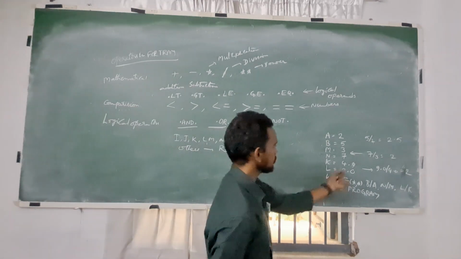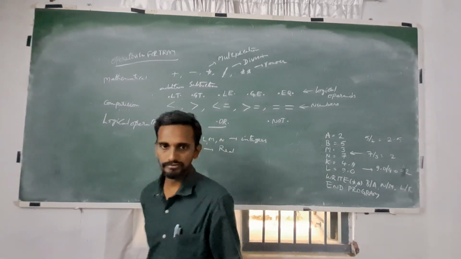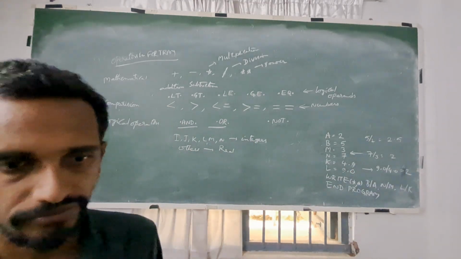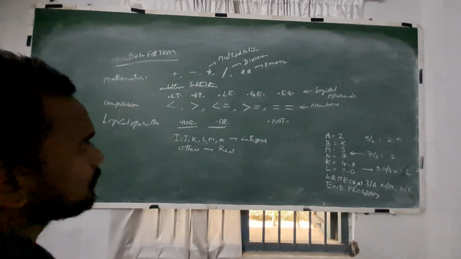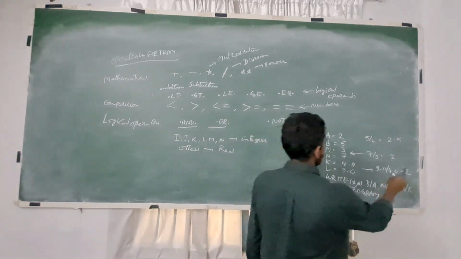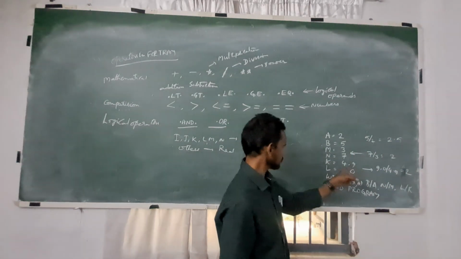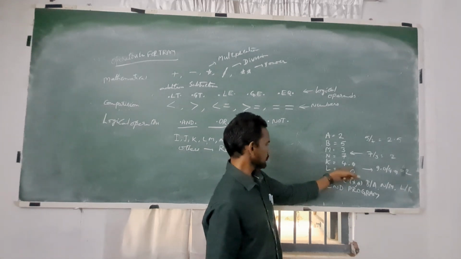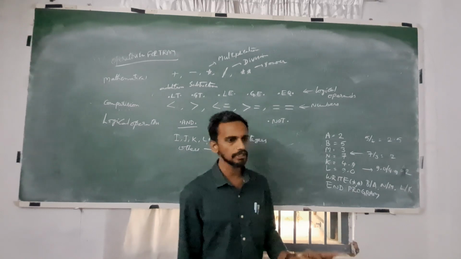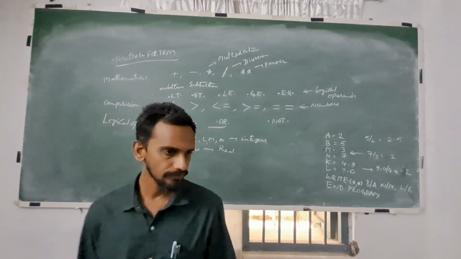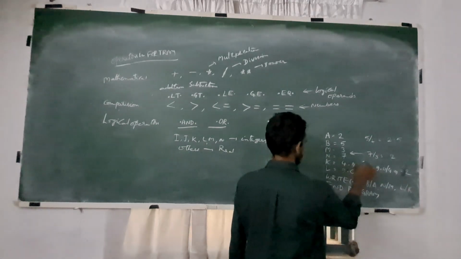If it considers only the integer part, you should get 2. So what does that mean? You're getting a result of 2. So it is not rounding it off. It considers only the integer part. So whatever number that exists after the decimal will be simply ignored.